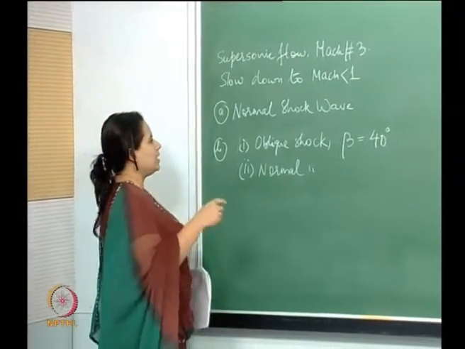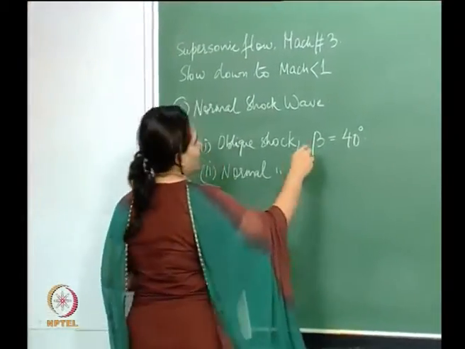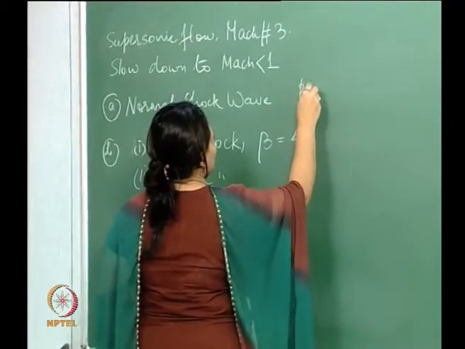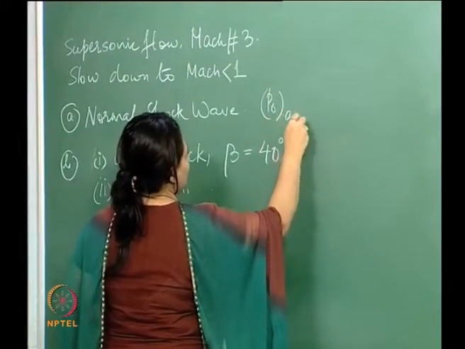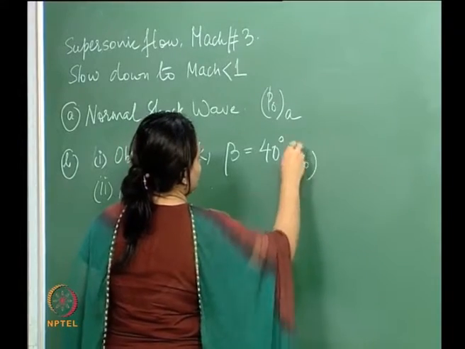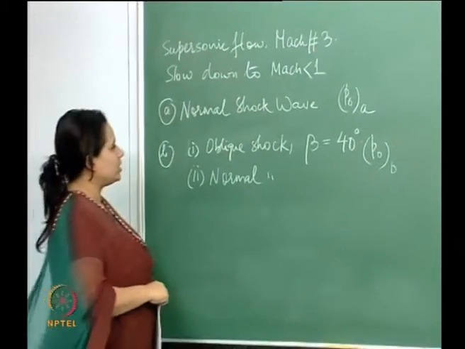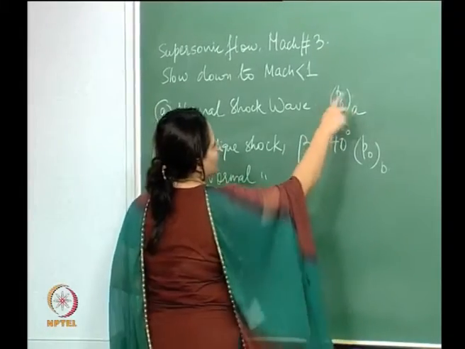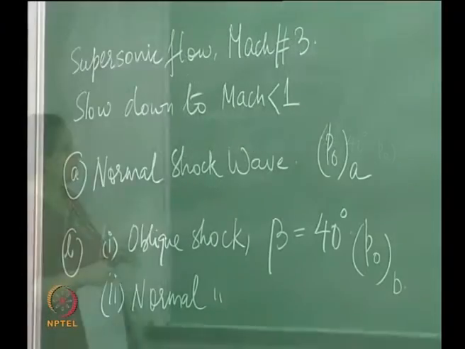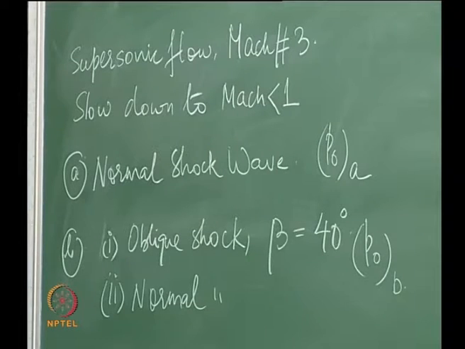So what we need to calculate here is the ratio of the total pressure values for the two cases, and the significance of that. The significance of that is actually going to give us clues as to which one we will need to choose.